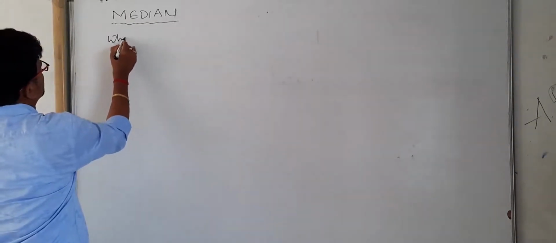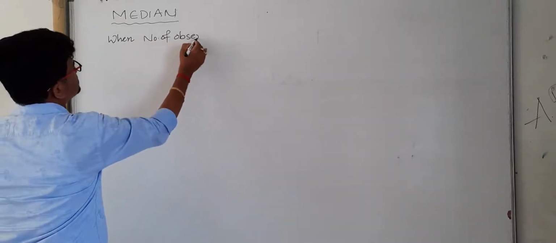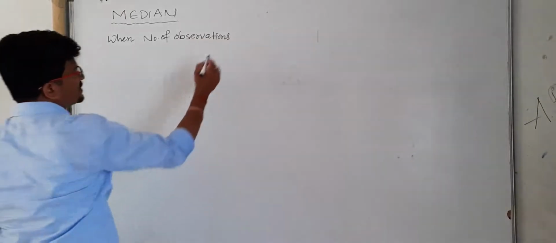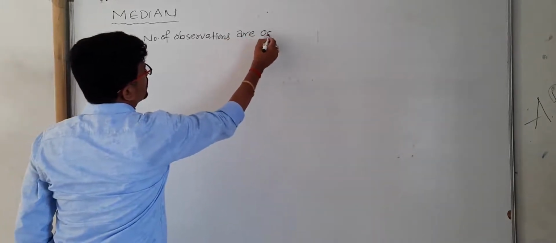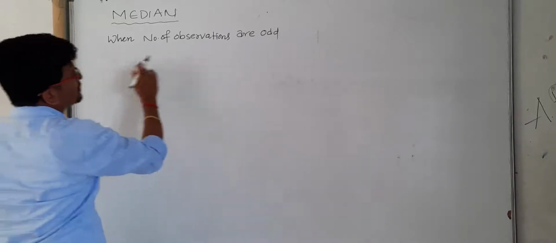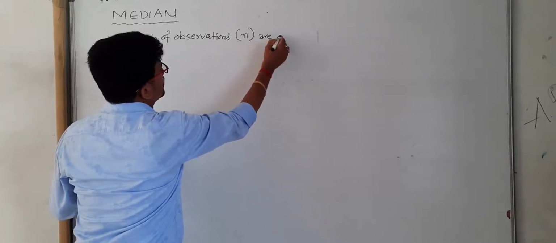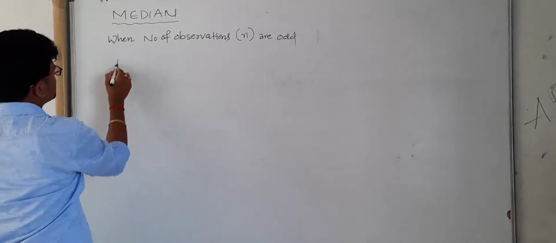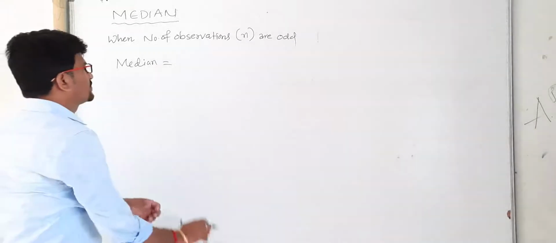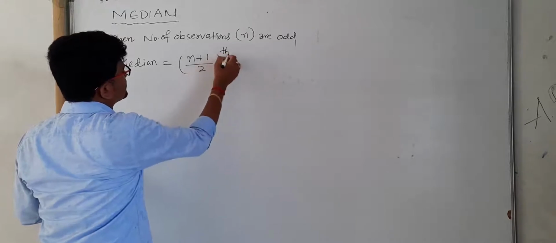When the number of observations n is odd, then the median is equal to the n plus 1 by 2th observation.